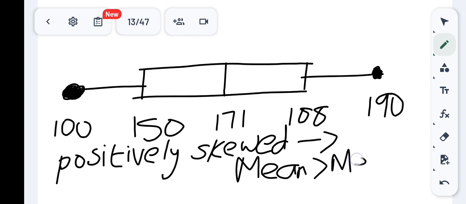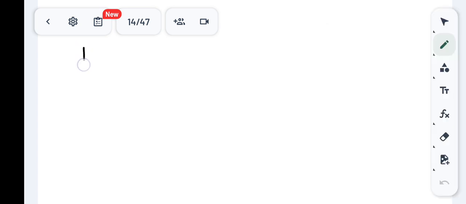If your mean is greater than median, this will show you that your skewness is positively skewed.